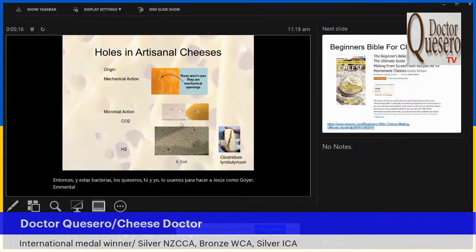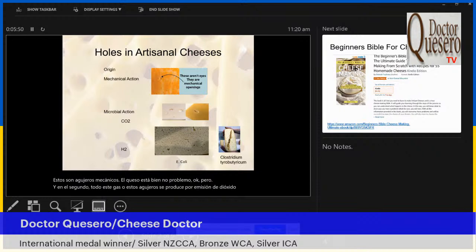If you notice, the holes are very big and there are not so many. When you see a cheese like this, the cheese is safe and good. When you see holes like the first image, these are mechanical holes. The cheese is fine, no problemo. In the second one, the holes are produced by carbon dioxide emission, which is fine.